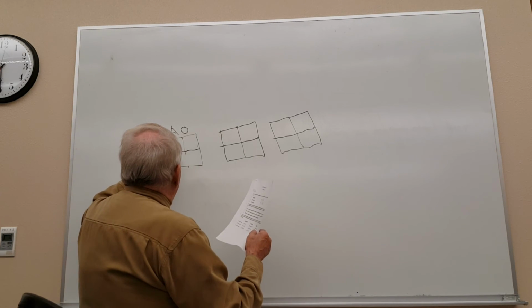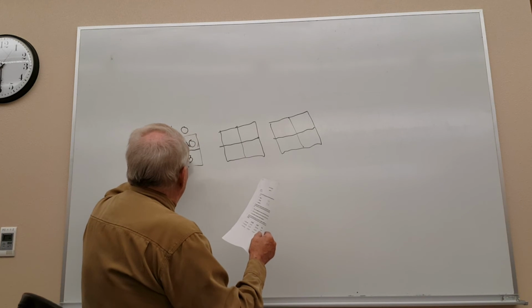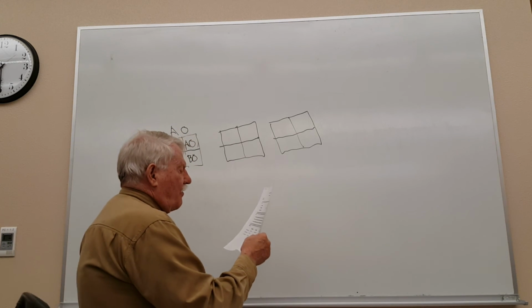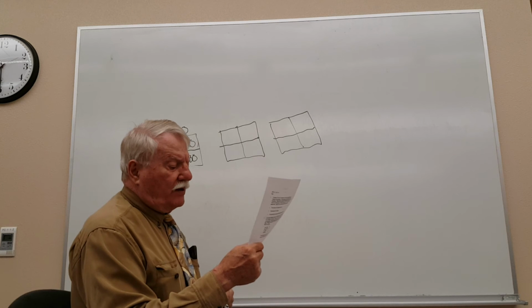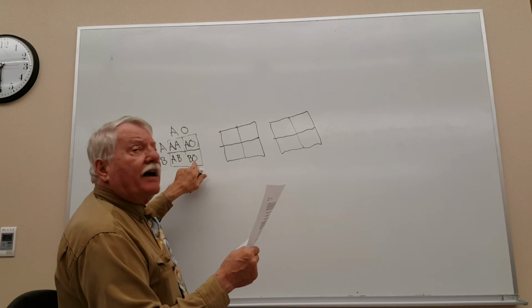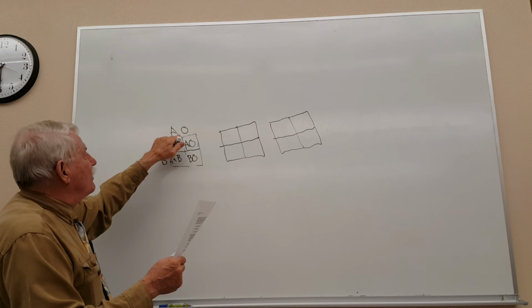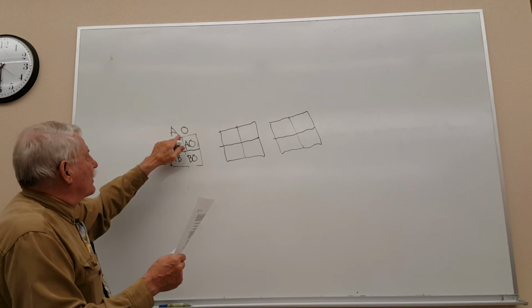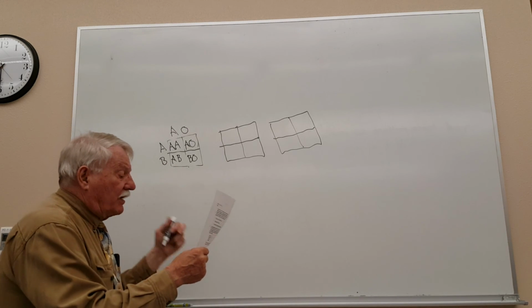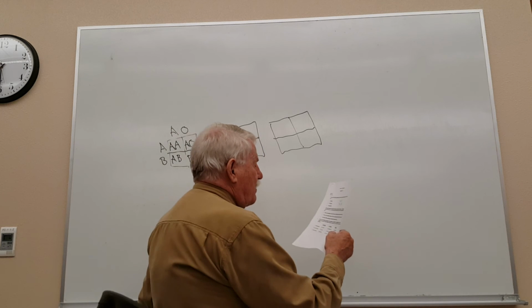So for A, we have... So that would work for that one, for the child, because the child's got blood type B, and that would be that, wouldn't it? If you didn't start with AO though, it might not have worked. But you get more possibilities if you use AO and BO.